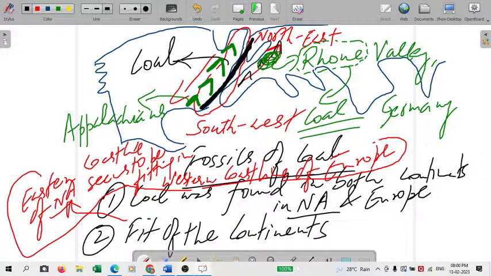You see this region, right? कि ऐसा लगता है कि दोनों आपस में फिट हो रहे हैं. तो दो एविडेंस दिए that coal was found, and why he said both continents seem to be together, because the slanting slope of the coastline suggests that North America fitted into Europe, and this evidence he called fit of the continents. कोल का एग्जाम्पल दिया उन्होंने, बहुत बड़ा कोल का एविडेंस दिया इन द केस ऑफ नॉर्दर्न हेमिस्फीयर. नॉर्दर्न हेमिस्फीयर, राइट? नोटेड?